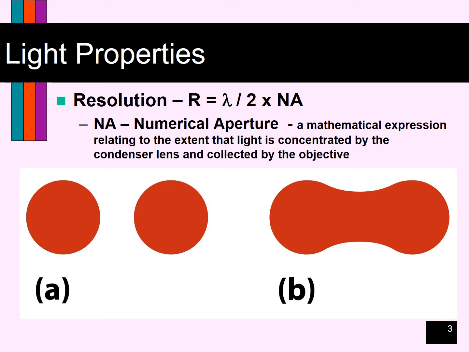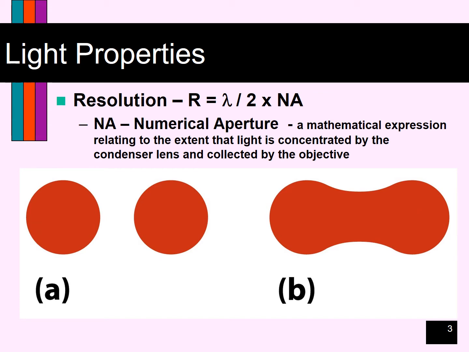What that means is that if the resolution of a microscope is 0.1 micrometers, that means that if 2 points that you are trying to resolve, or separate, are 0.1 micrometers apart, that microscope will be able to resolve them, distinguish between them.